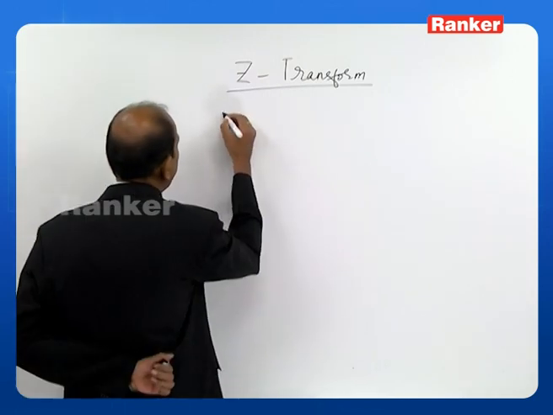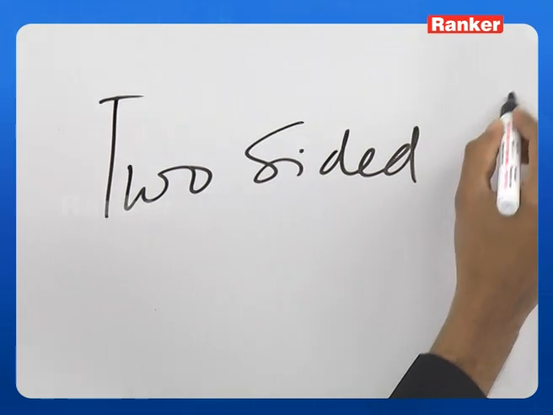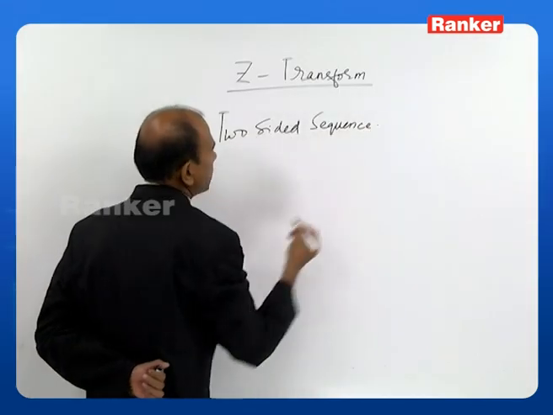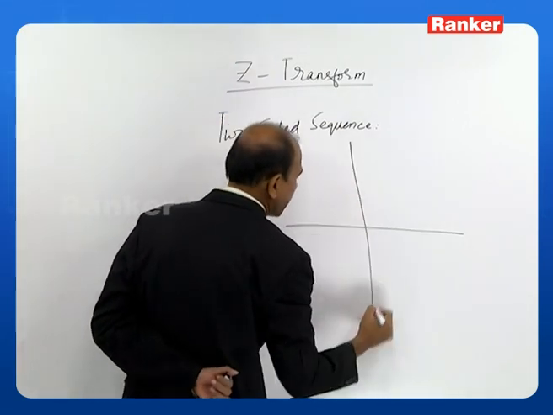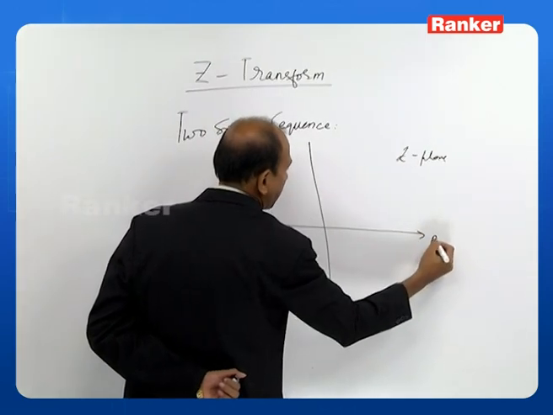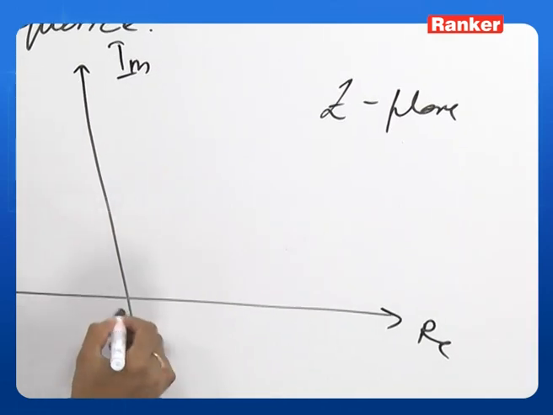This is for a two sided sequence. So, let us draw this again. Let us take the z plane, consisting of real and imaginary axis, and then this is 0.